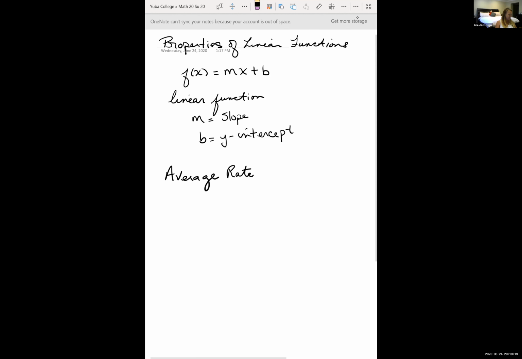So the average rate of change of a linear function, we said it could be written as the triangle y over the triangle x, the change in y over the change in x. So it's just a different notation.